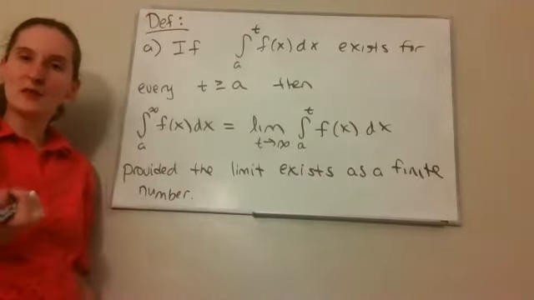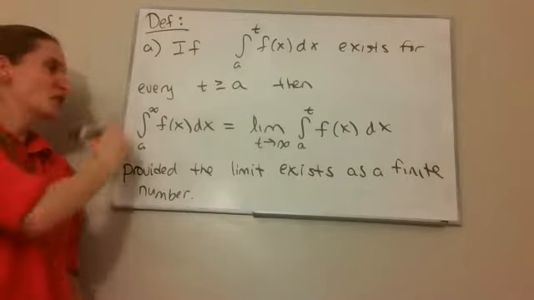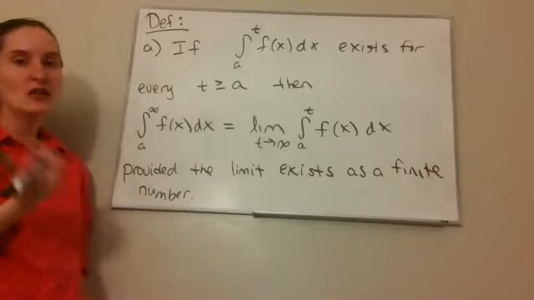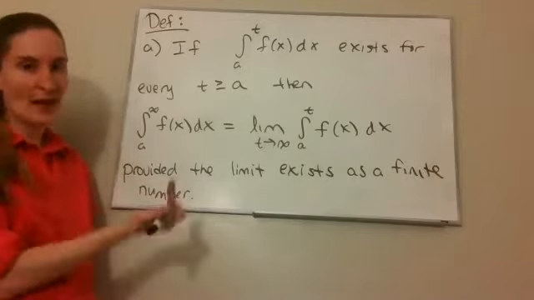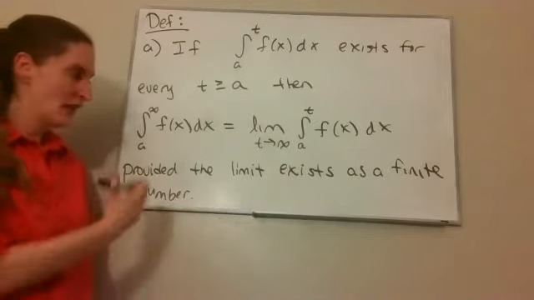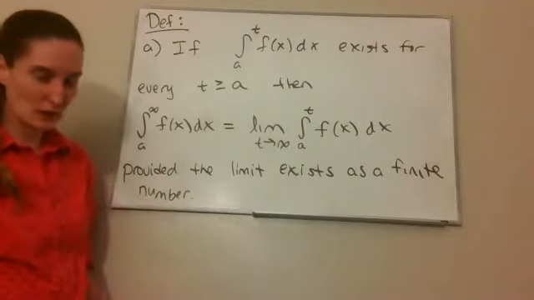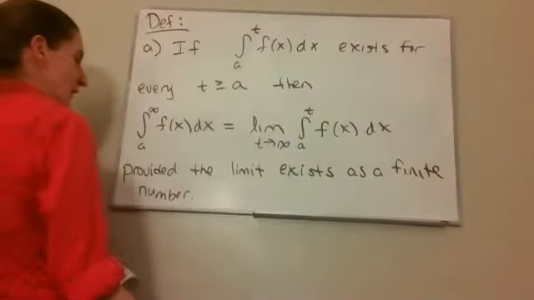So to calculate one of these integrals where you have a number to infinity as your bounds, you rewrite it as a limit, do that integral, take the limit, and find out if you have a finite answer or not. That's one version of our improper integrals.